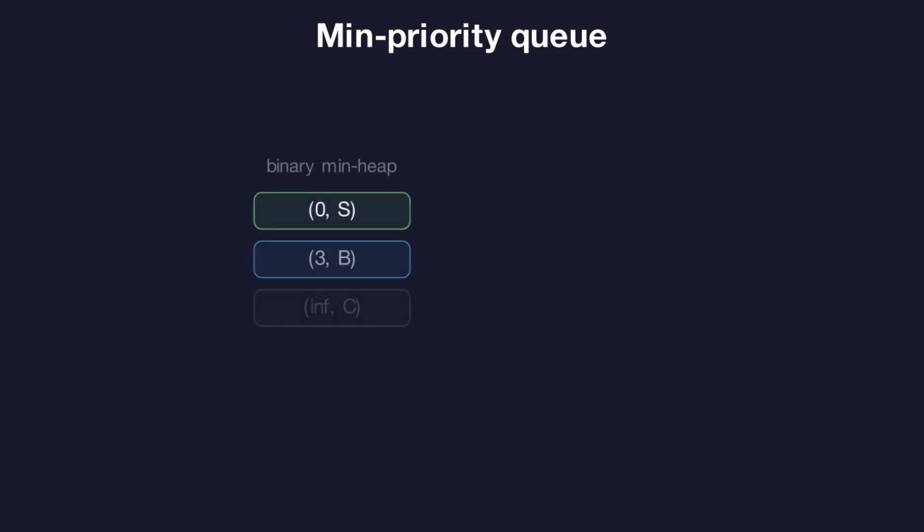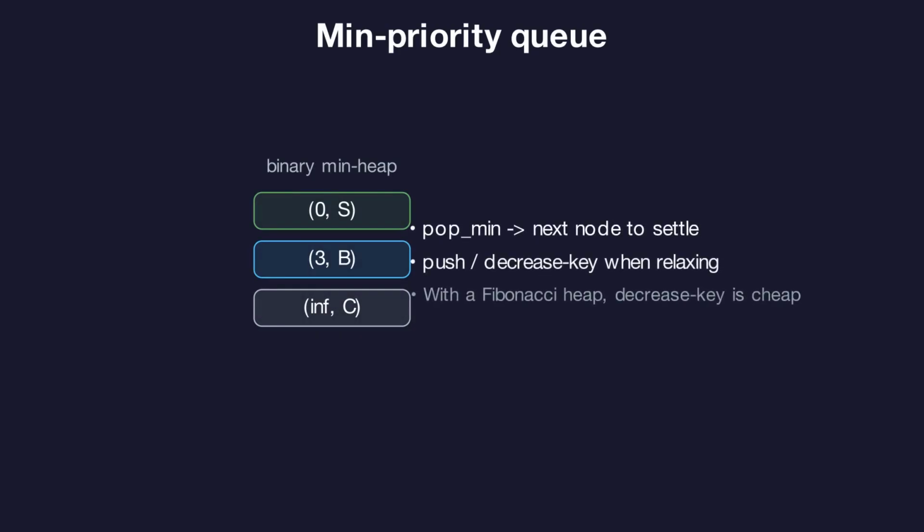How do we always fetch the smallest tentative distance efficiently? We store pairs of distance and vertex in a min-priority queue, typically a binary heap. Each time we pop the minimum, we settle that vertex if it is not outdated. When relaxation improves a distance, we push the new pair. Duplicate entries for the same vertex are harmless.